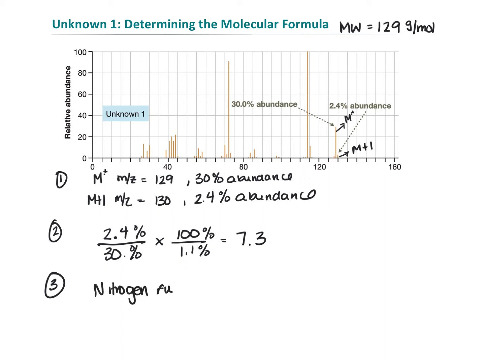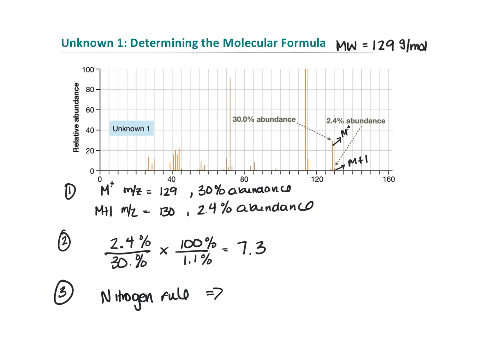With the nitrogen rule, if we have an odd molecular weight, it generally means we have an odd number of nitrogens. So if there is nitrogen, we will have an odd number. The next part of step 3 was to look at the M+2 peak. We don't have an M+2 peak here, so we can ignore that part of the rule. It doesn't apply to this example.